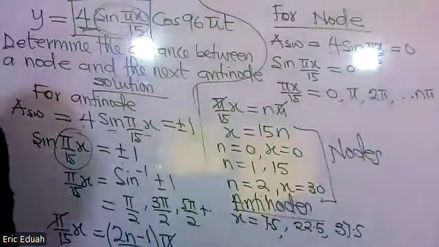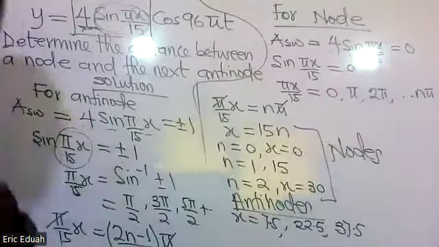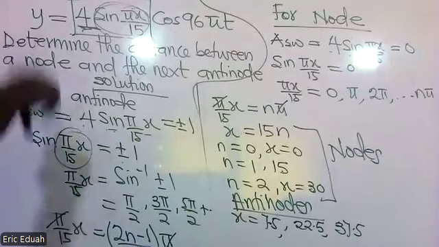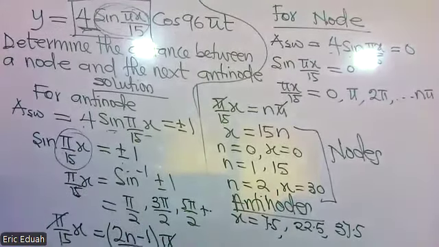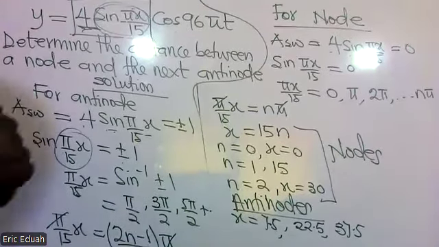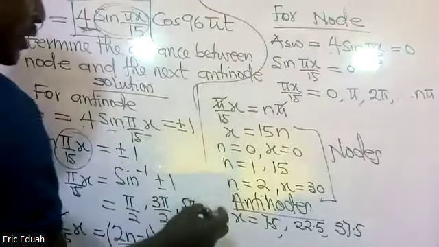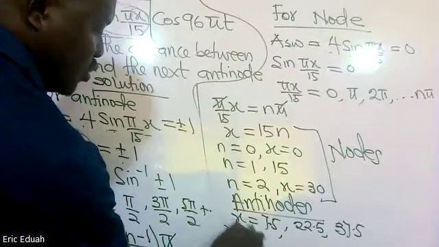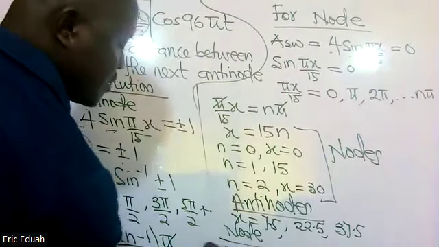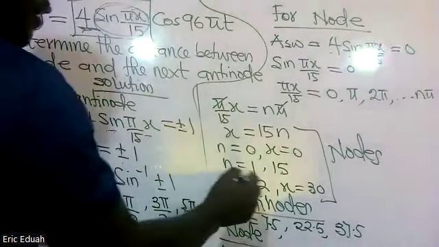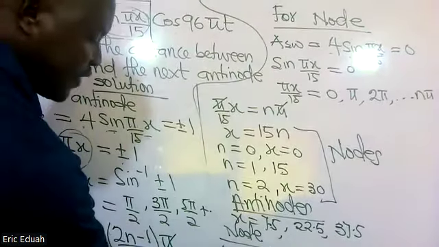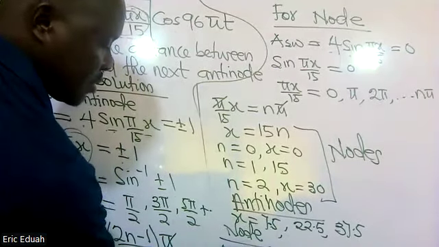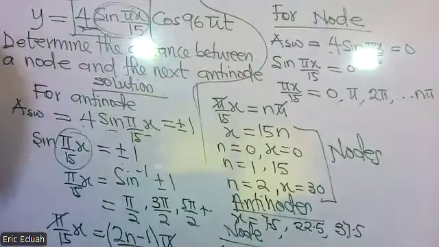Now look at something. The question demands that we determine the distance between a node and the next antinode. The first node is 0.